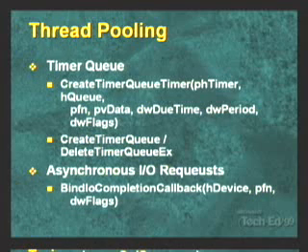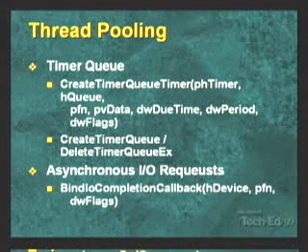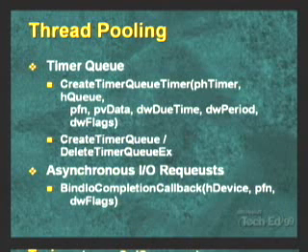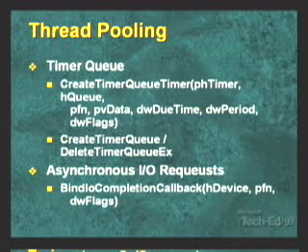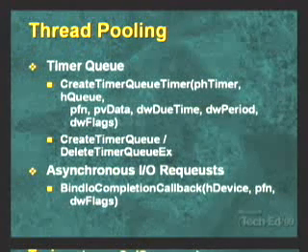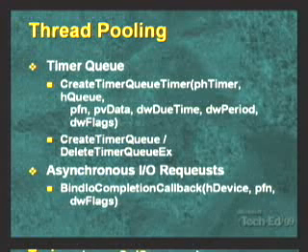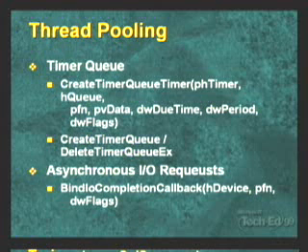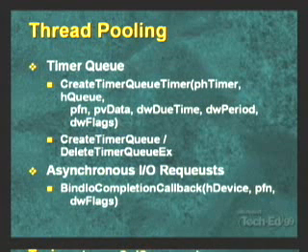So what a lot of protocol people were doing is every time they initiated a request, they would create a waitable timer kernel object, and they would set the timer to go off after a certain period of time. If the response came in, they would assume that the request came back, okay? And if the timer went off while they were waiting for the request to come back, then they would assume that there was a timeout, and they would cancel the request and go do something else.